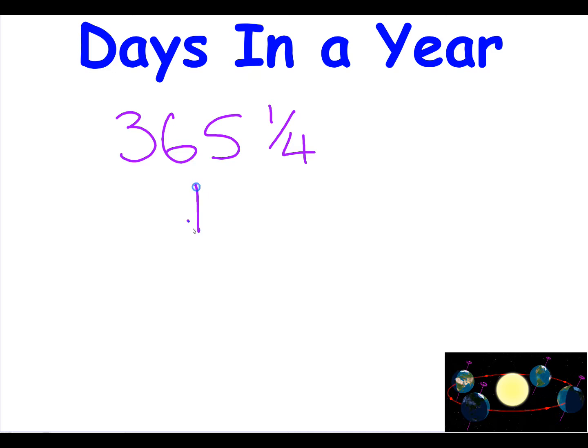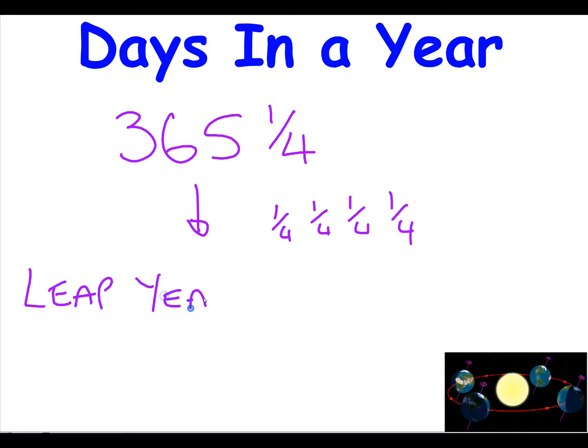So every 4 years we gather these 4 quarters and we call it a leap year, which has 366 days. So there are 365 days in a year, except for a leap year, which has 366 days. And that's when we add February the 29th.